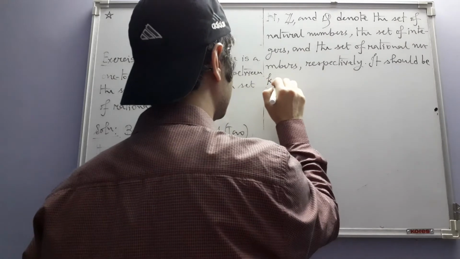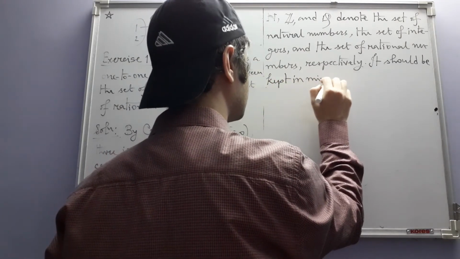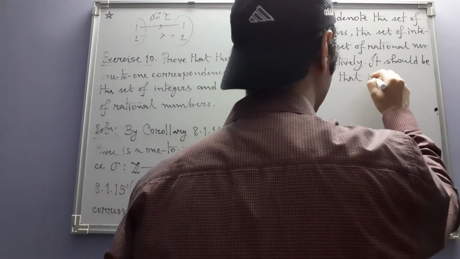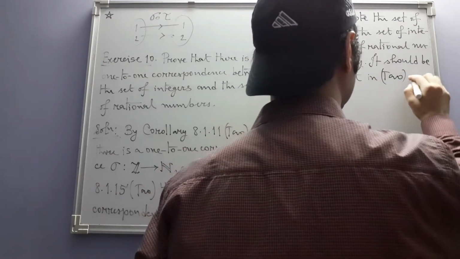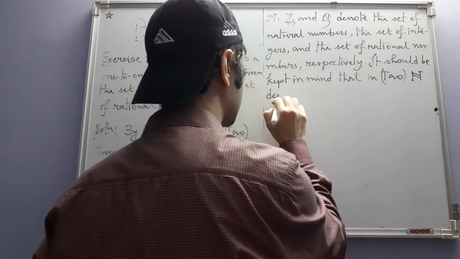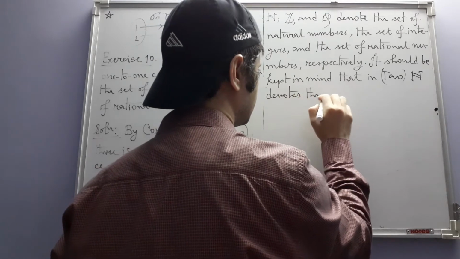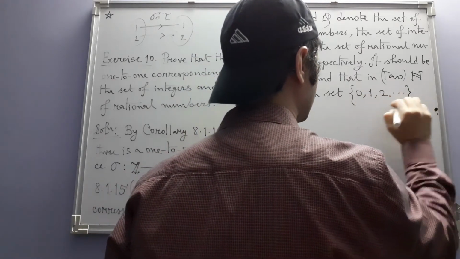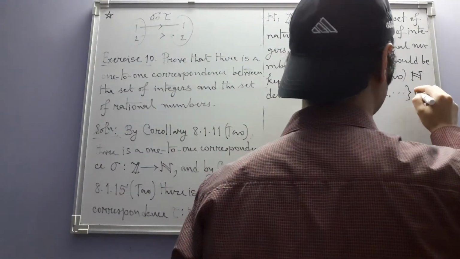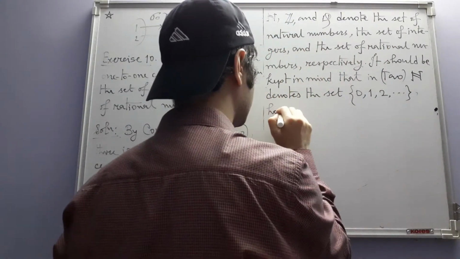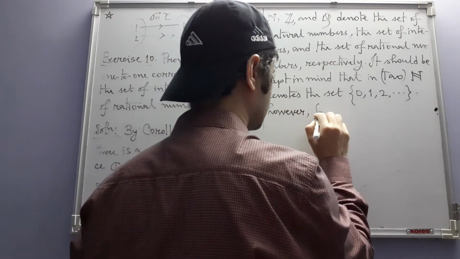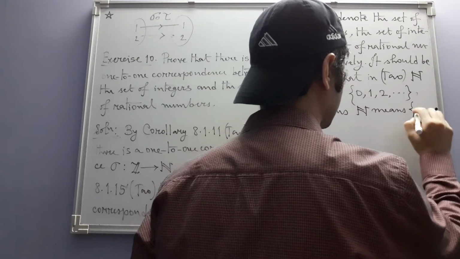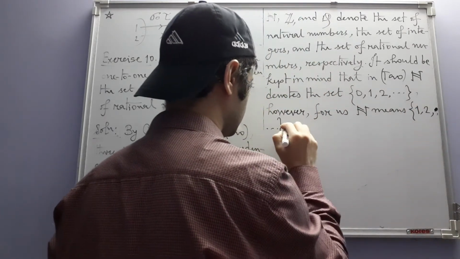It should be kept in mind that in Tao, N denotes the set which has the number 0, but for us we don't have. However, for us N means this set.